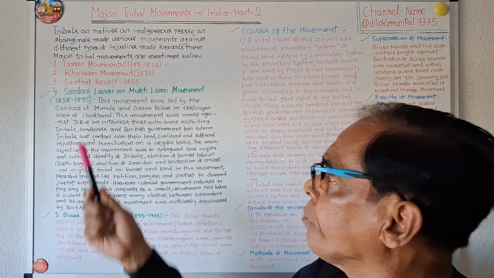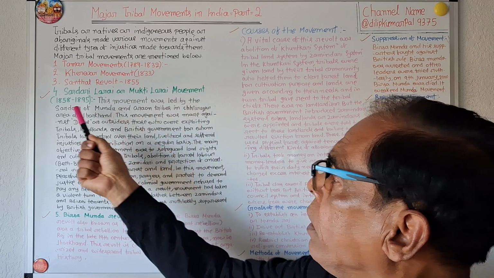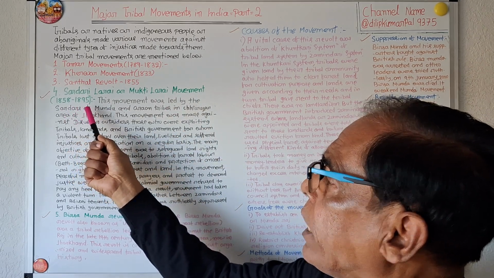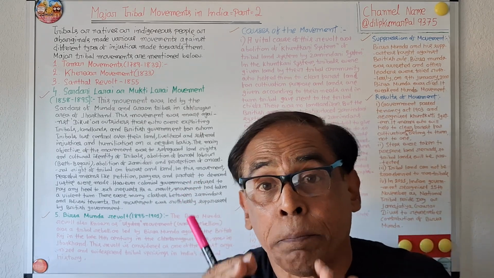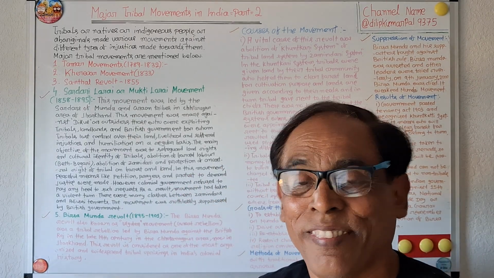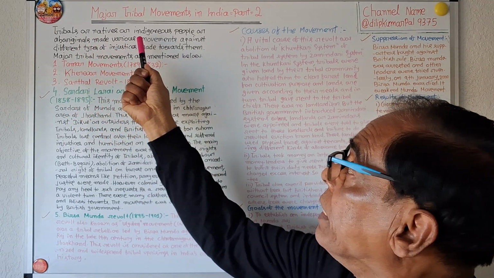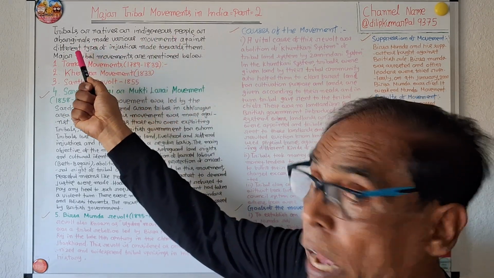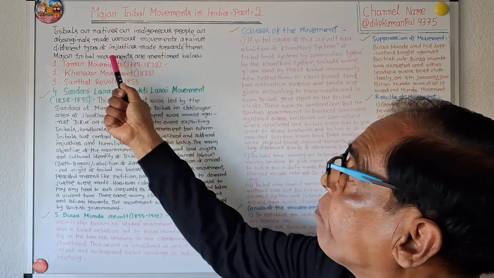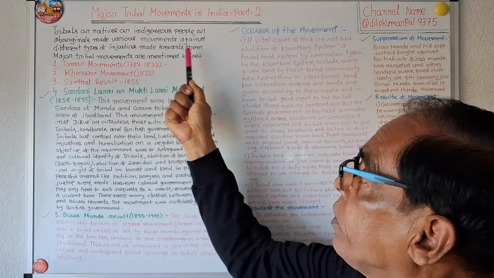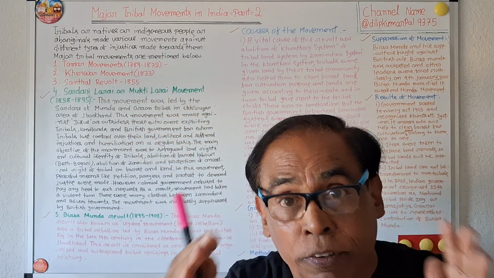Before we discuss Sardari Larai or Mukti Larai movement 1858 to 1895, we must know the meaning of tribals. Tribals or natives or indigenous people or aboriginals made various movements against different types of injustices made towards them. Who are tribals?